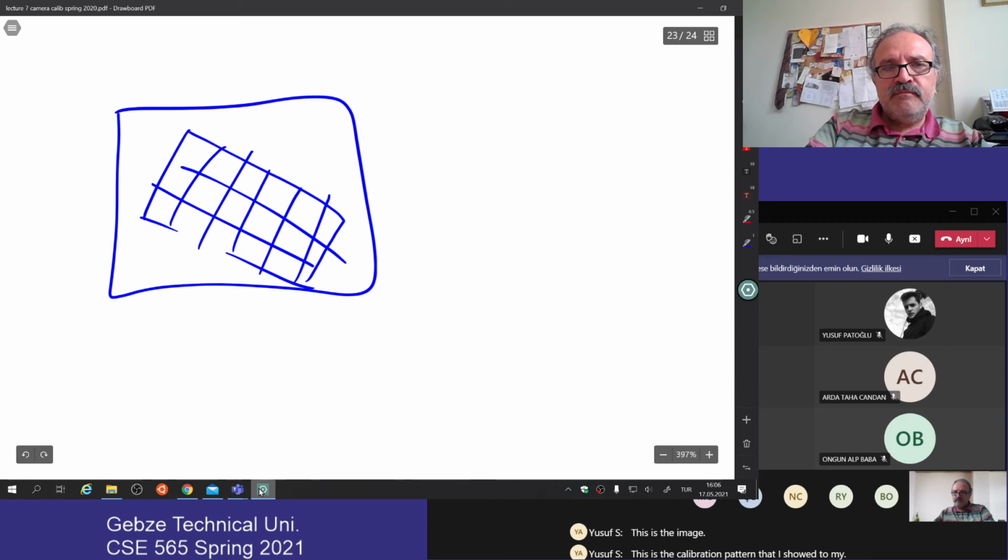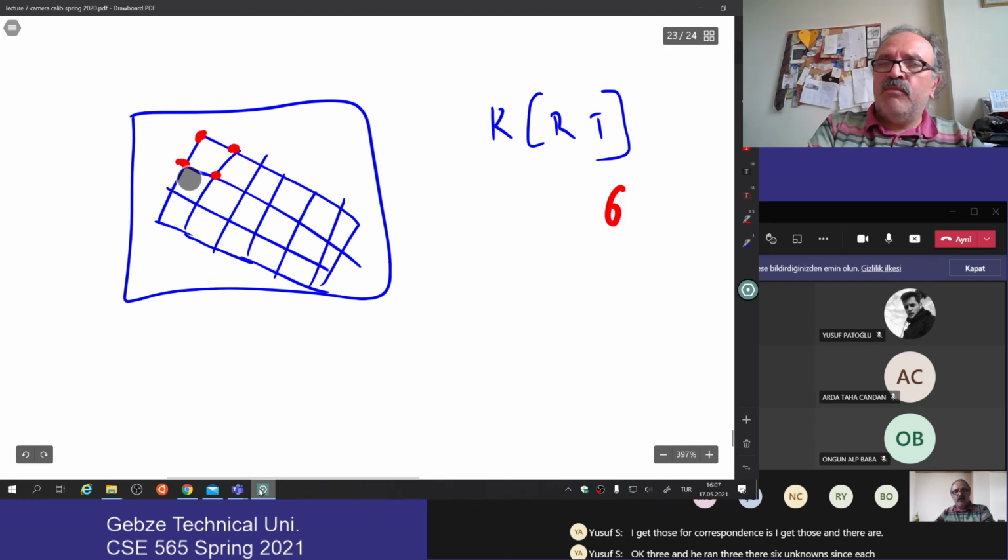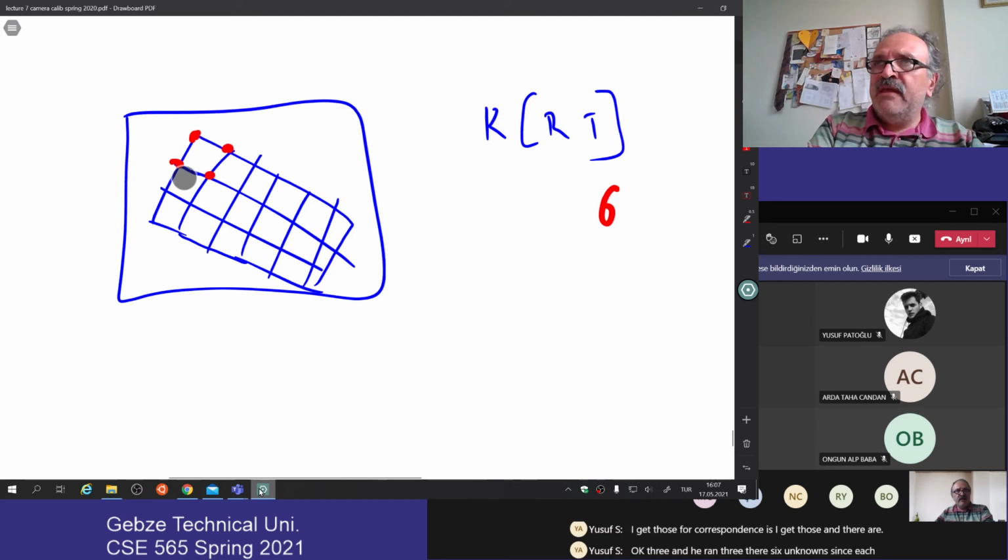From this view, I found these 1, 2, 3, 4. Okay, 4 correspondences. I get those, and there are 3 in here, and 3 there. 6 unknowns. Since each one has x and y components, I have 8 equations.